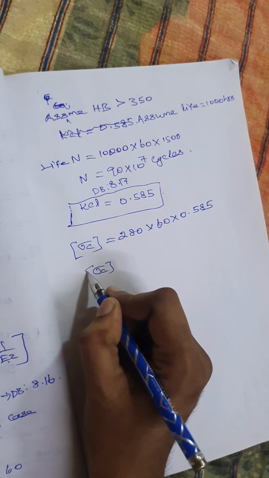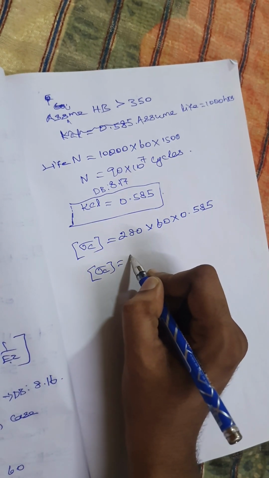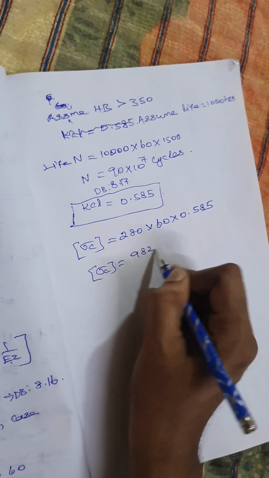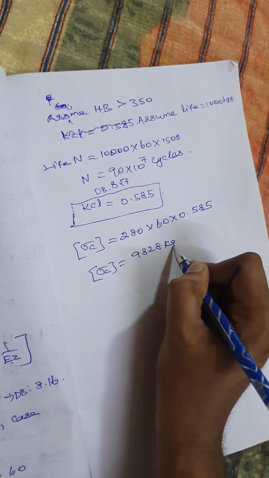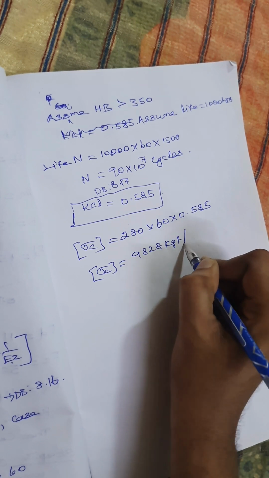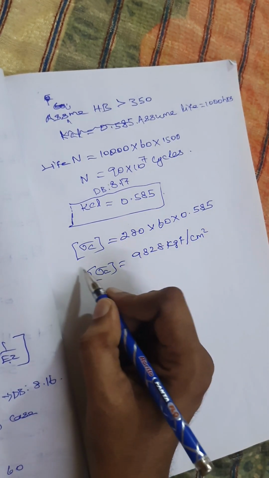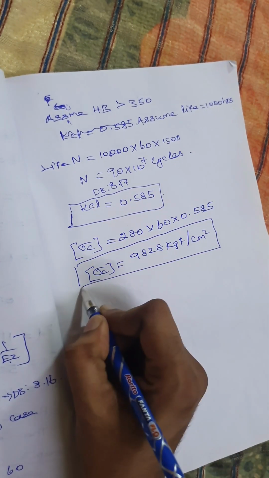Therefore the design value of sigma C is equal to 9828 kilogram force per centimeter square.